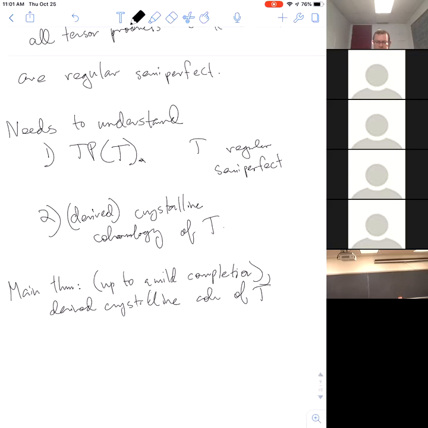A priori it's an infinity ring spectrum, but it turns out just to be a discrete ring. And TP of T is the two-periodic version of this. Its homotopy groups are two-periodic derived crystalline cohomology.